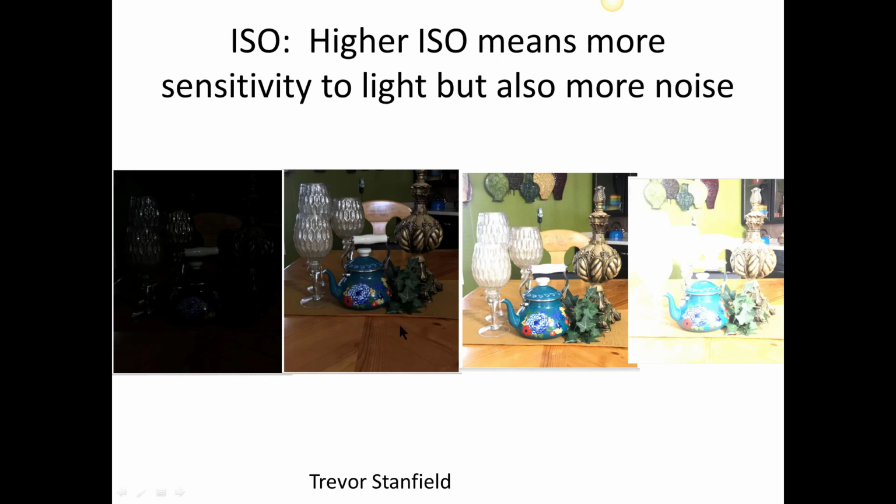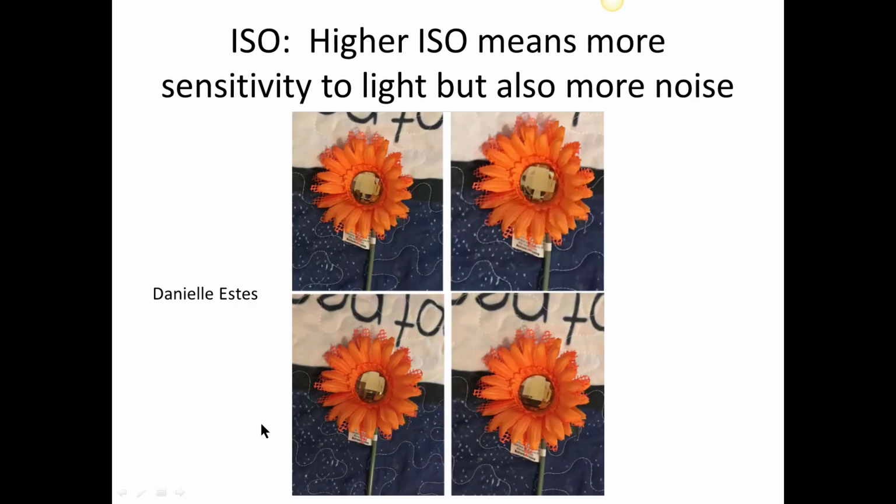Okay, now this one is probably the best exposure of these, but when you get into photo editing that will be starting in a couple of weeks, then you'll find out that this one or this one could probably work. So ISO, we'll look at a couple other examples. The other thing is noise, and noise is the degradation of the signal.